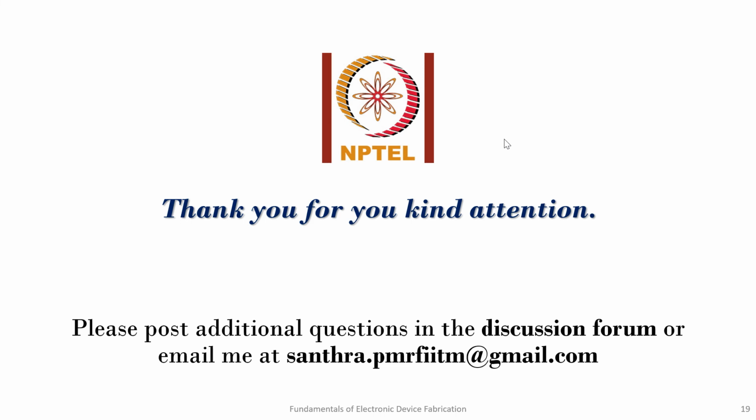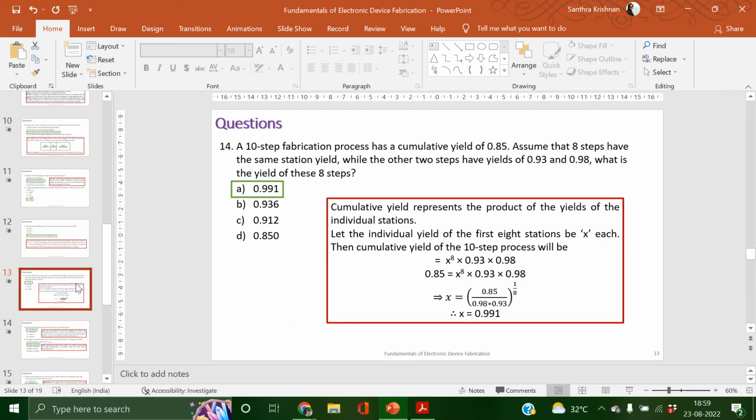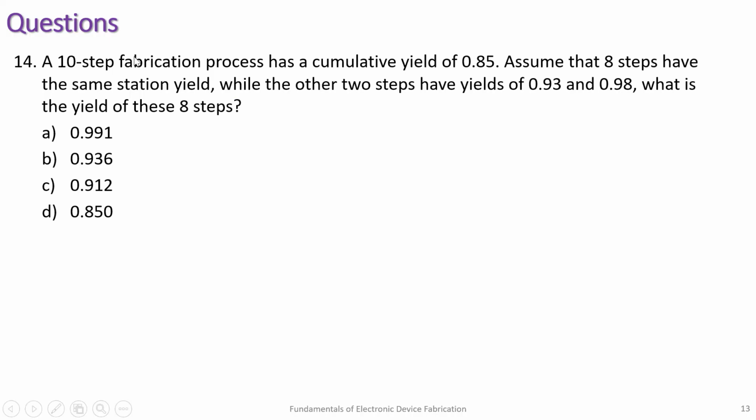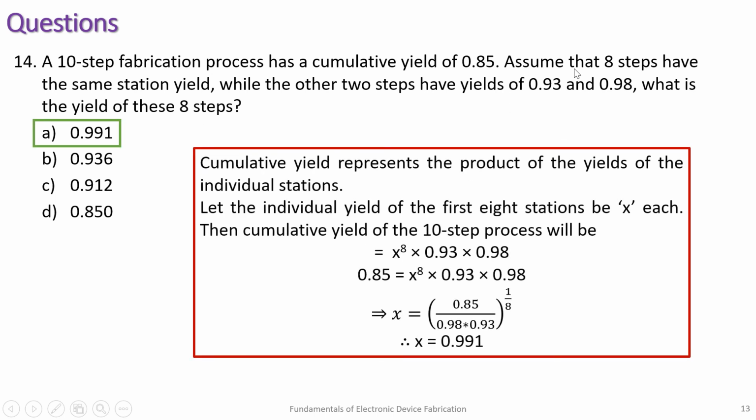The equation that we saw here could be used directly because it is mentioned that all the 8 steps have the same yield. So if you have 100 steps and all of them have the same yield, you can directly put x to the power 100, then we can find the number of steps. But if each of these steps has a different yield, then it cannot be found out directly.